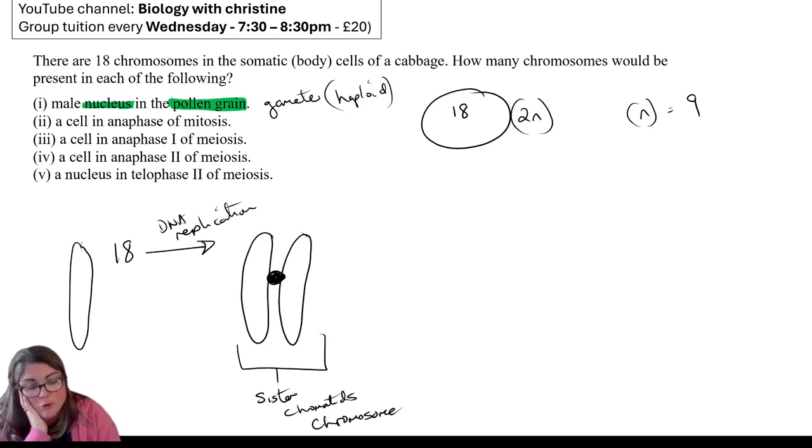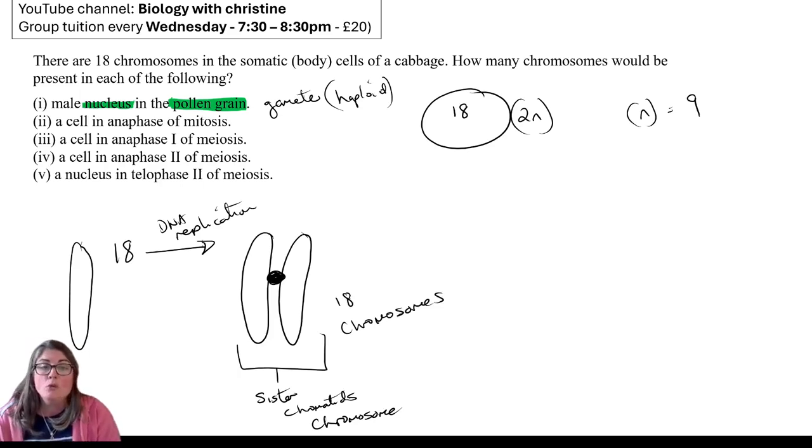So my number of chromosomes, and this is where it's very tricky and you have to read what you're given in the exam, 18 chromosomes. Therefore technically I should, even through DNA replication, have 18 chromosomes. But those 18 chromosomes are made up of sister chromatids.